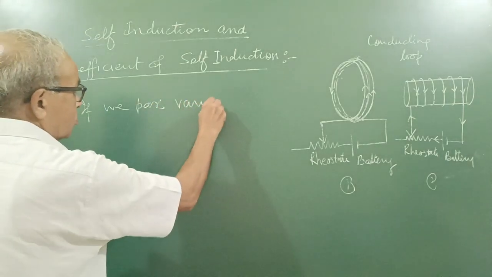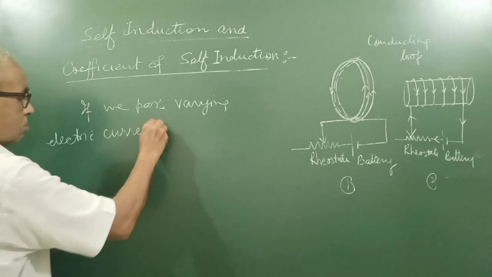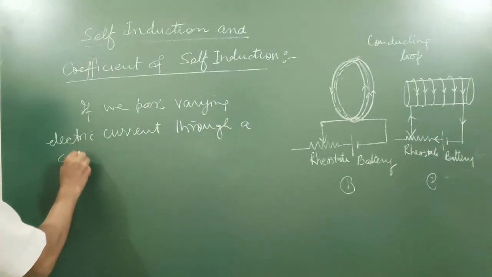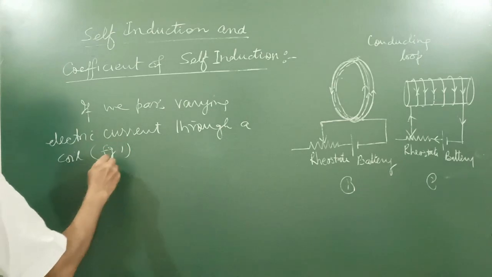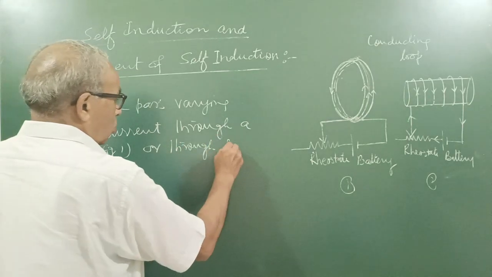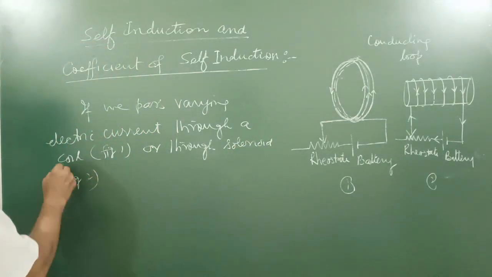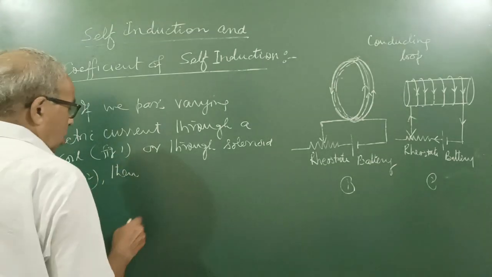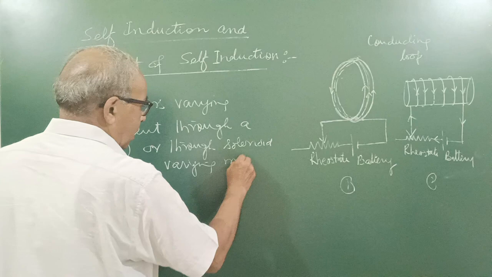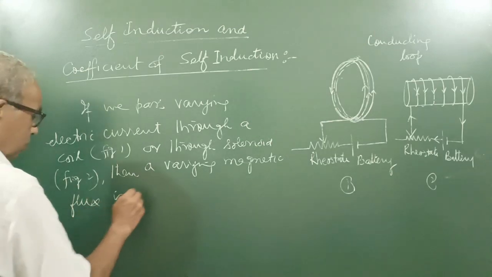If we pass a varying electric current through a coil, figure 1, or through a solenoid, figure 2, then a varying magnetic flux is produced.